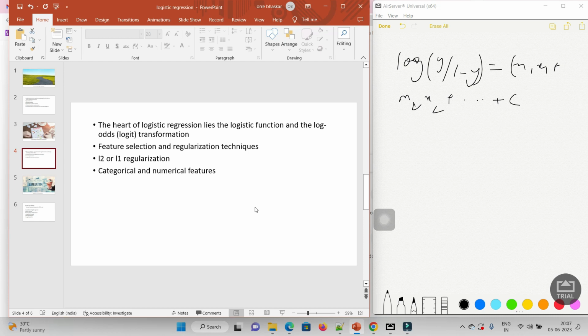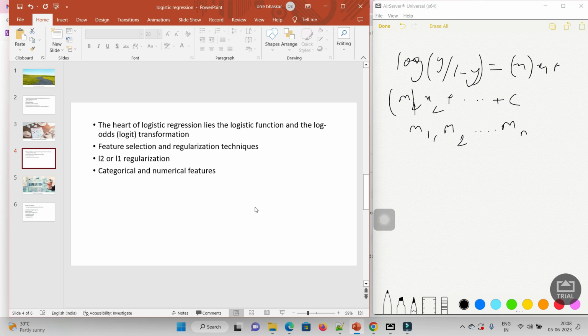You can see m1, m2, m3, m4, m5, and so on up to mn. These are the coefficients of our logistic regression. So these also act as variable importance. That means the coefficients define the importance of a particular variable in the model.